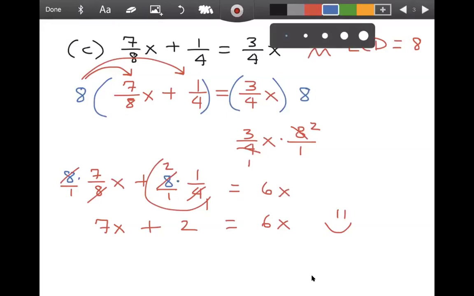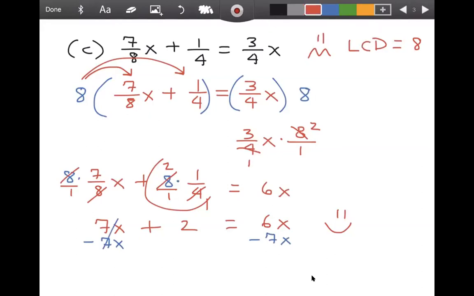In this case, I am going to recommend that we do minus 7x on both sides, put the variable on the right side. And the reason I'm recommending that in this problem is because the only number term, the 2, is already on the left side. So that'll make life a little easier.